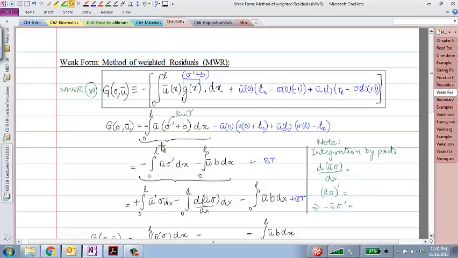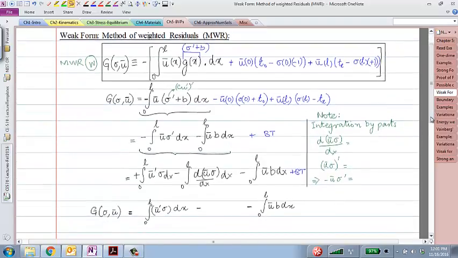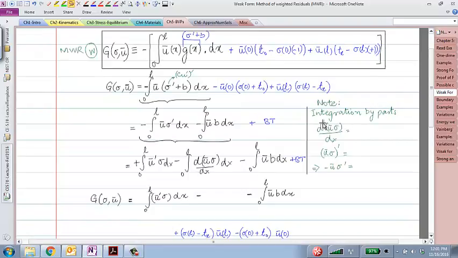To do that, we'll integrate that term by parts. We know that d/dx of u bar times sigma is going to be equal to u bar d sigma/dx plus du bar/dx times sigma. Product rule. So if I write that in terms of primes, that would be u bar times sigma prime plus u bar prime times sigma.